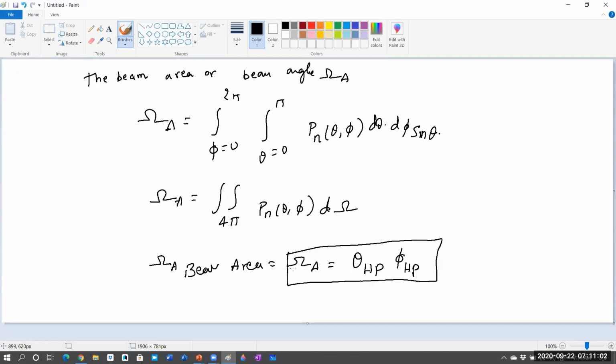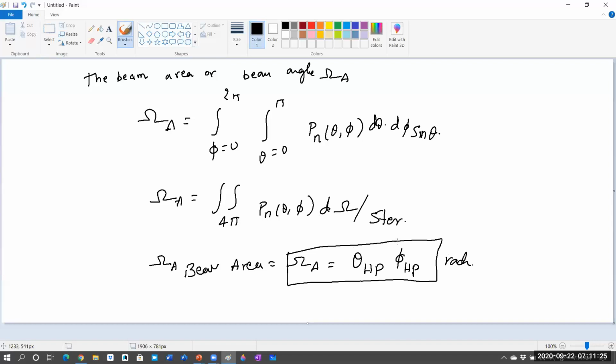This is with reference to degrees, and this is with reference to steradians. Both are beam areas, in square degrees and steradians. All right.